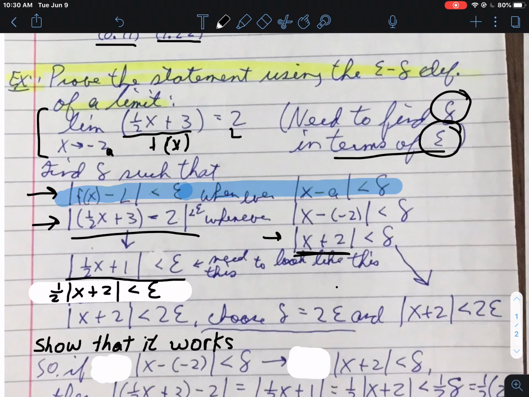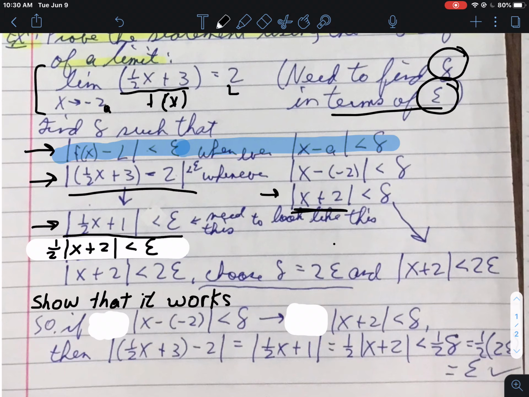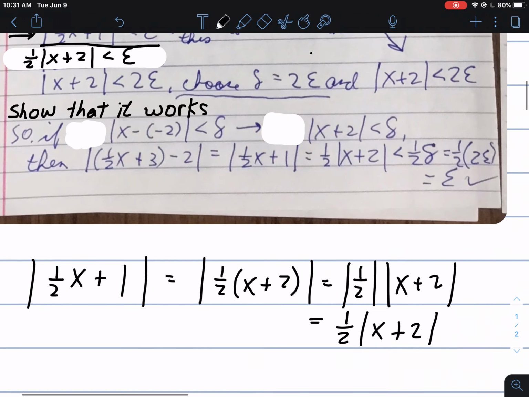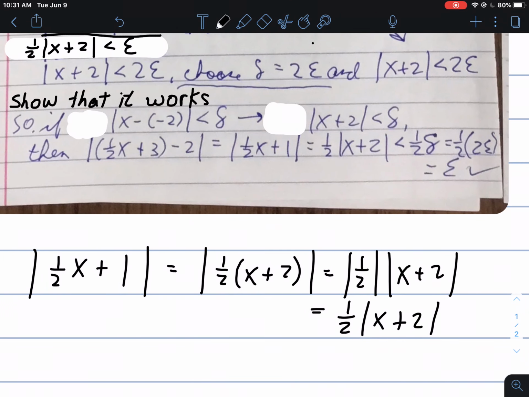So since I need x and I have 1/2 x, we're going to factor out the 1/2. Now be careful of the algebra here. I'm looking at this absolute value of 1/2 x plus 1. I want to rewrite that by first factoring out the 1/2, and I guarantee you whenever you pull that coefficient off, you're always going to end up with exactly what you need left.